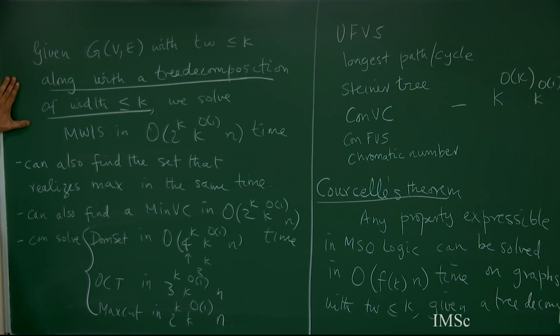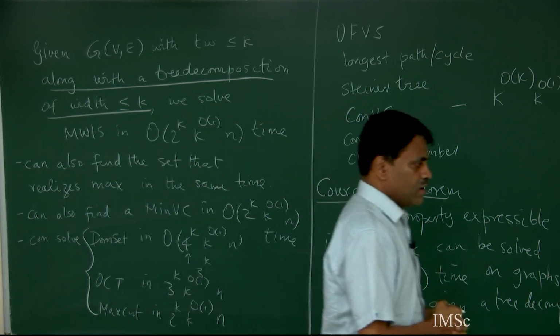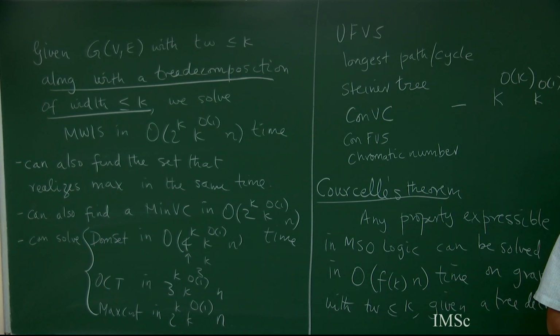But okay, before that, we didn't address this question. Is the tree width actually well defined? Maybe there are graphs for which there is no tree decomposition at all. If so, then you can't even talk about tree width. The graph itself.